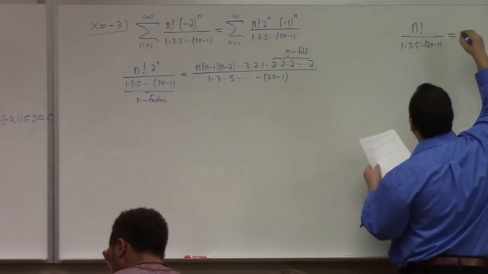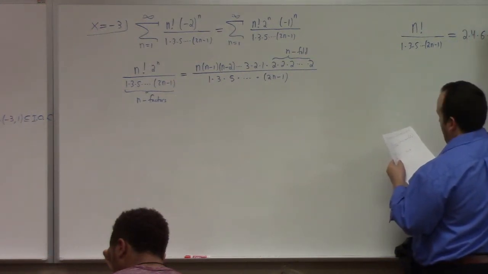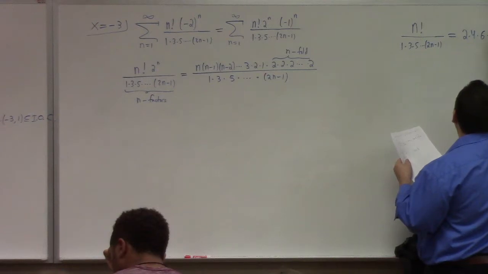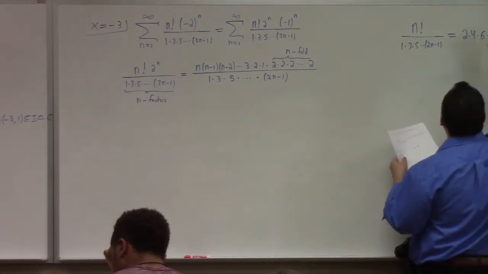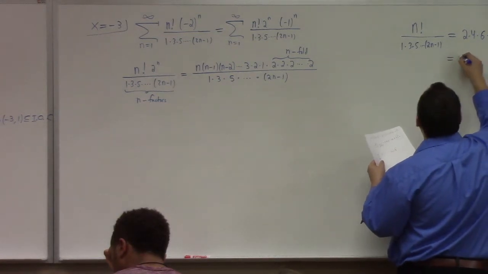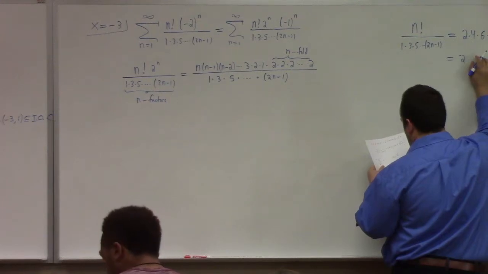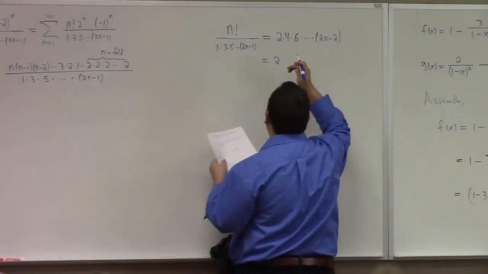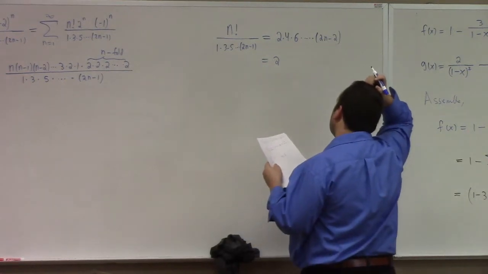My point here is that this is 2 times 4 times 6 times ... times 2n minus 2, which, by the way, works out to 2 to the... oh, and I wasn't committing to what k was there. That was a big problem.